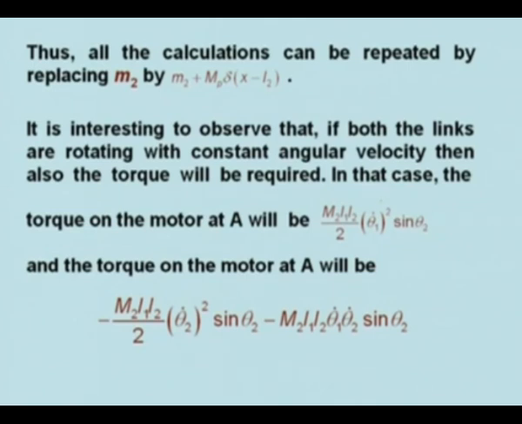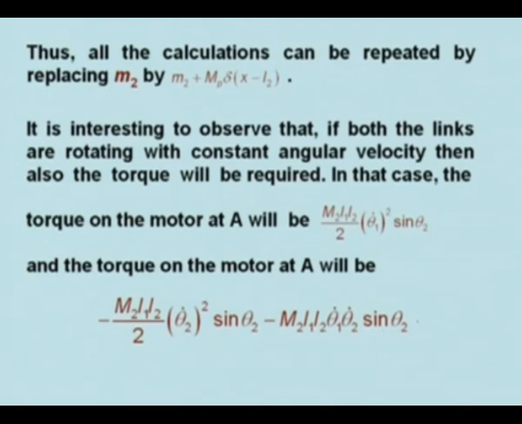Because of the angular velocity of the second link, if the first link is stationary, then of course that torque will not be required. But if the first link is not stationary, then this will be required. The torque on the motor at A will be minus m2 L1 L2 by 2 theta 2 dot square sin theta 2 minus m2 L1 L2 theta 1 dot theta 2 dot sin theta 2.